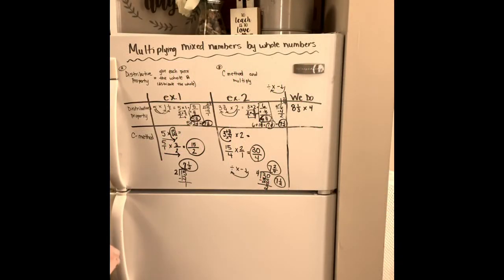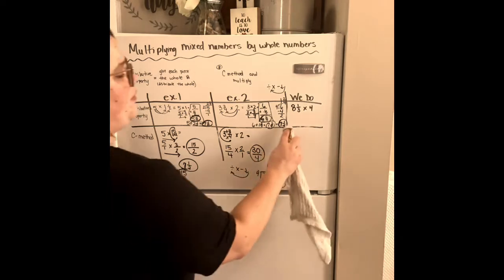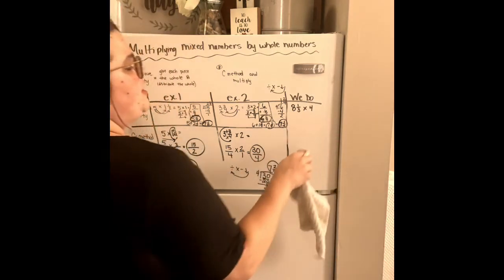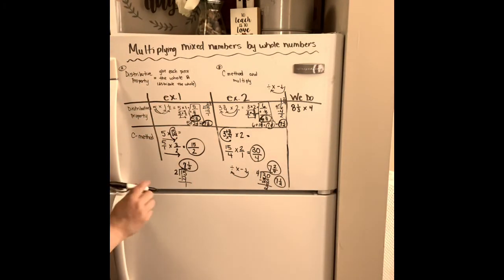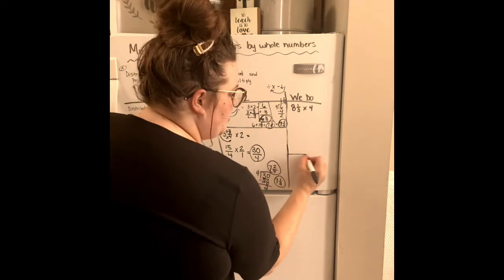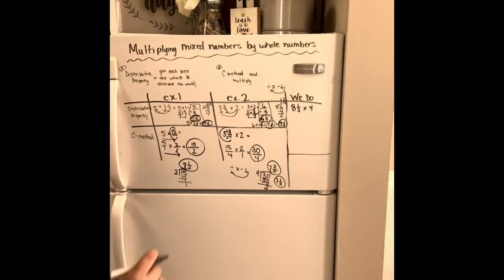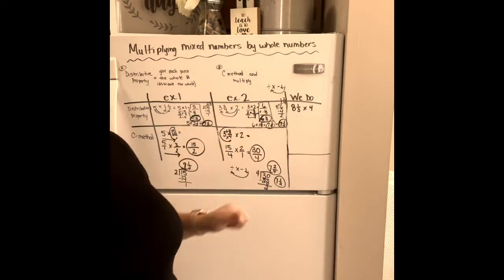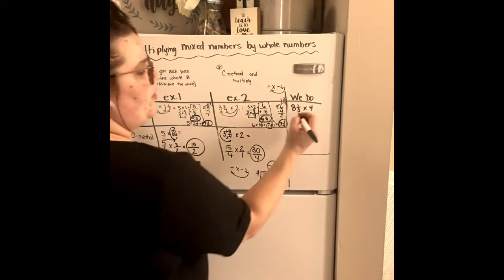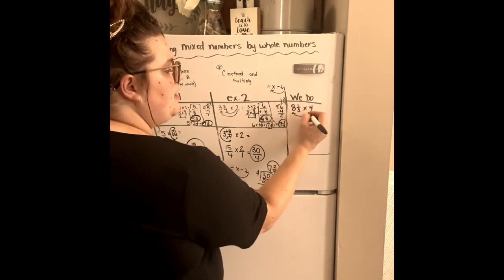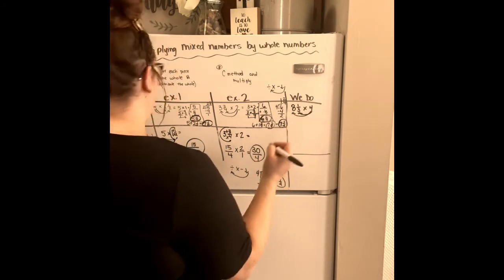All right, based on what I know about this problem, we're probably gonna need a little bit more room here. So I'm gonna erase my little line and drop it down for the distributive property. I want some room to work. Remember, the distributive property tells me that I have to give the 4 to the 8 and the 4 to the 1/3.